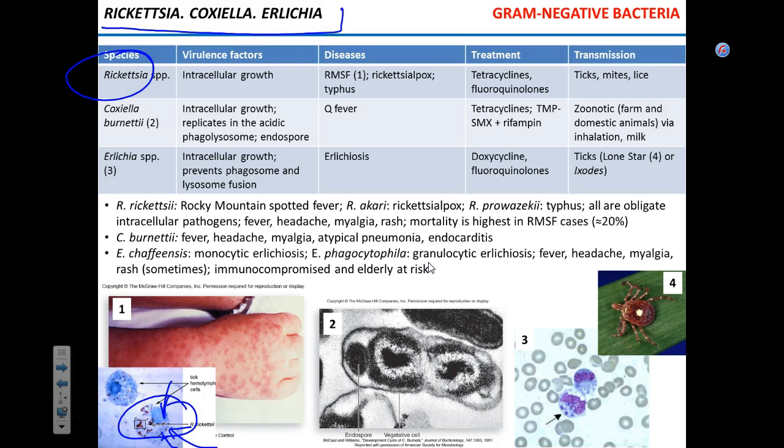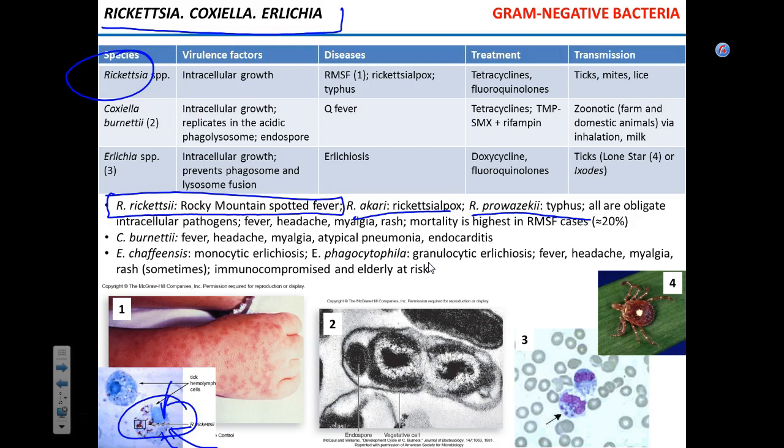There are many species in the genus Rickettsia that can cause a variety of human infections. The one that is most famous is Rickettsia rickettsii, which causes Rocky Mountain spotted fever. Rickettsia akari causes rickettsialpox. Rickettsia prowazekii causes typhus.